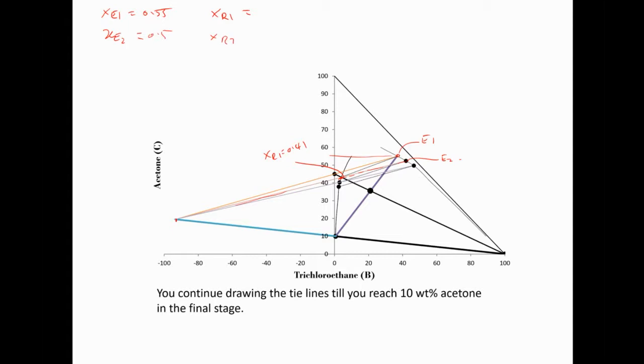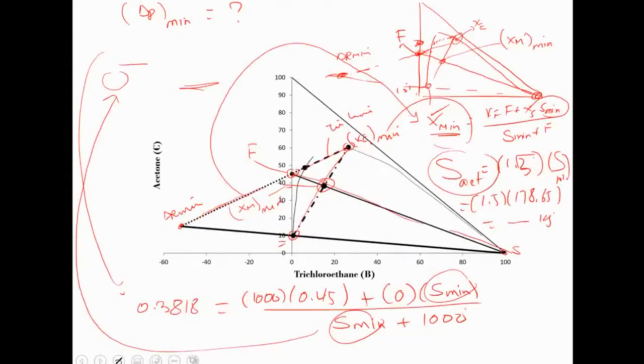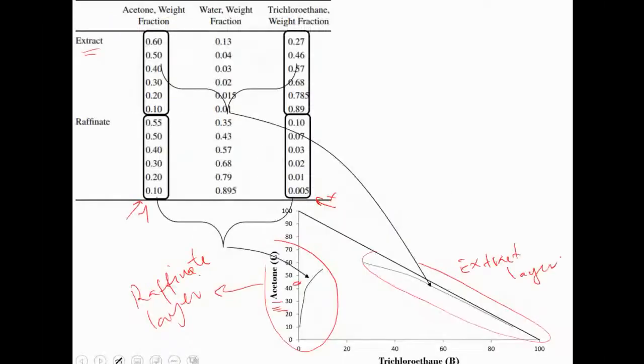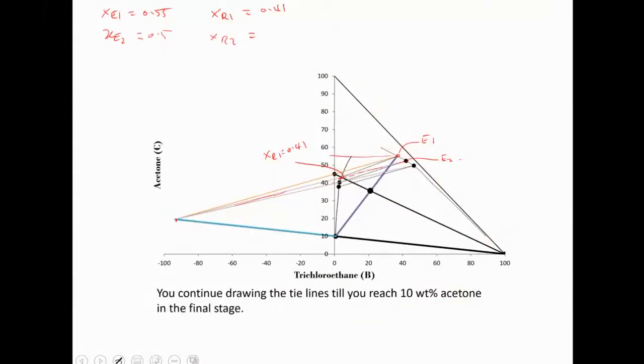So I go again to the diagram. This one probably 0.41. I go back to 0.5, so I go to the diagram here, 0.5, so it could be 0.39 maybe, just approximation, 0.39. So somewhere here. So I extend it to here, and then I draw another line. That will be my E3, and so on. I continue doing that until I reach to this stage.